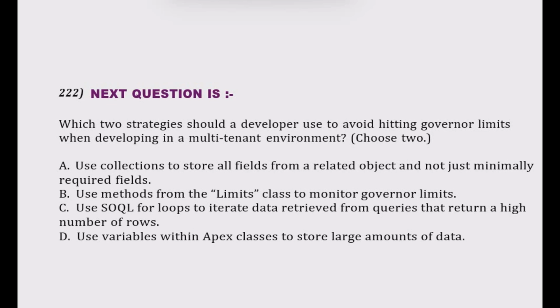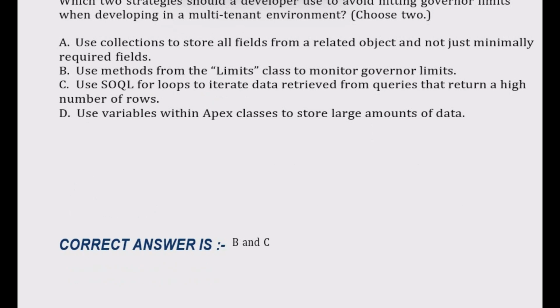Option B, use methods from the Limits class to monitor governor limits. Option C, use SOQL for loops to iterate data retrieved from queries that return a high number of rows. Option D, use variables within Apex classes to store large amounts of data. Correct answer is option B and option C.